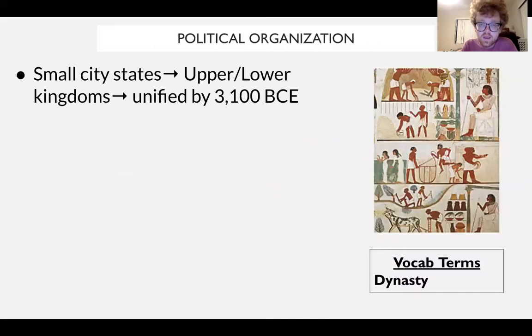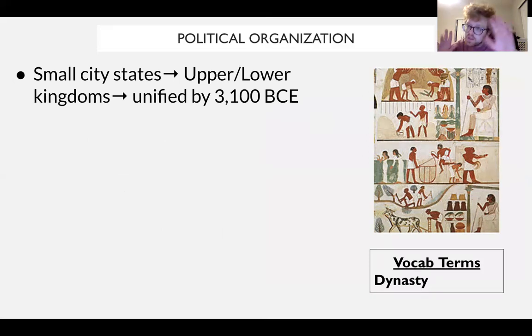And speaking of political organization, Egypt is like Mesopotamia in its initial civilization in that it's a series of small city-states. But unlike Mesopotamia, we're going to have much bigger territorial kingdoms. Initially, there's a territorial kingdom in the north, in Lower Egypt, and then there's one in the south, in Upper Egypt.